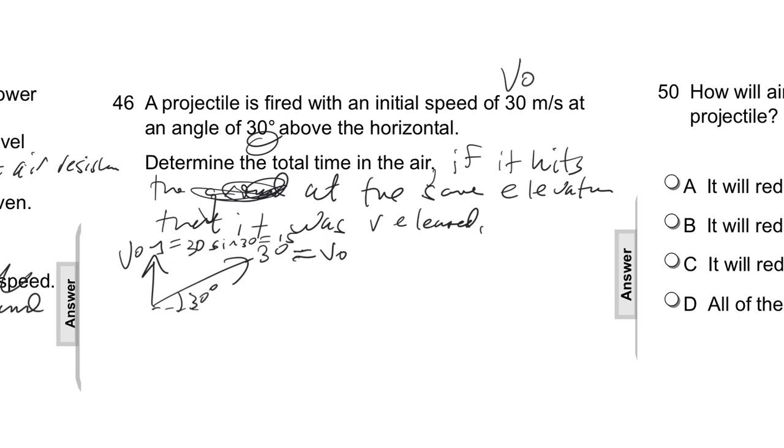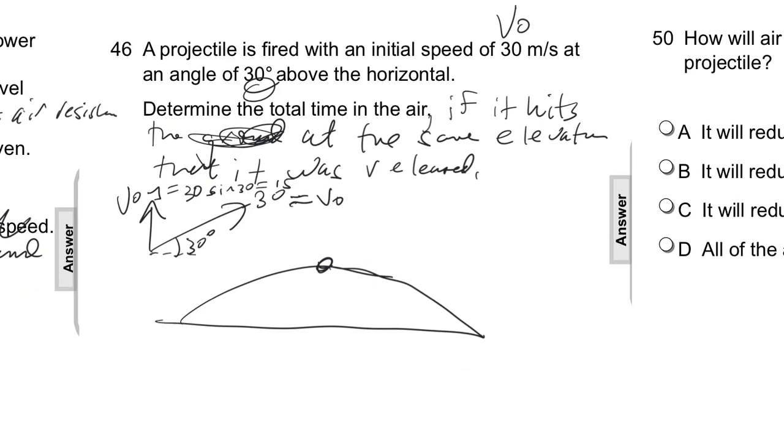And I can find the time it gets to the top, and then I'll double that for the total air time. So y at the top is 0. It goes from 15, that's what VOY is, to 0 in that time.